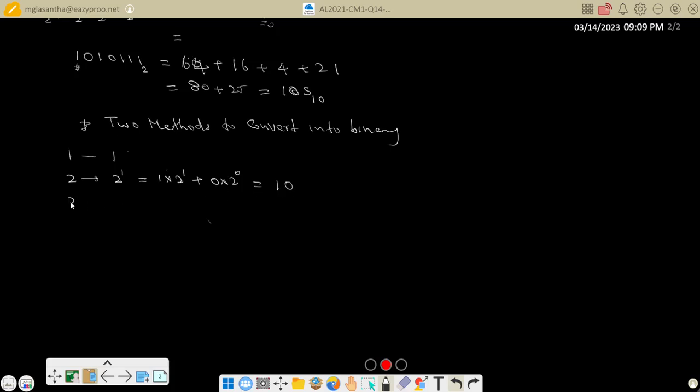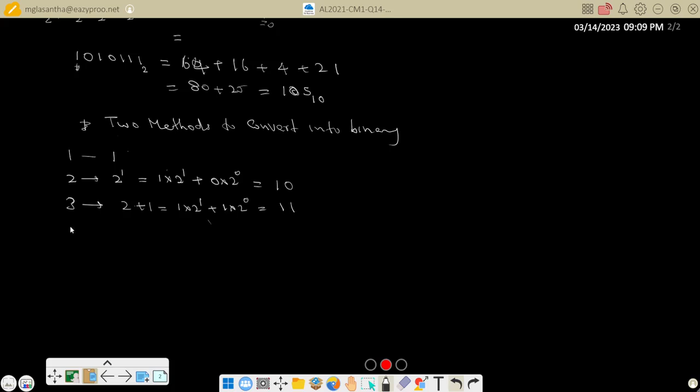Okay? 3. 3 you can separate into 2 plus 1. This is 1 into 2 to the power of 1 plus 1 into 2 to the power of 0. So it is 1, 1.